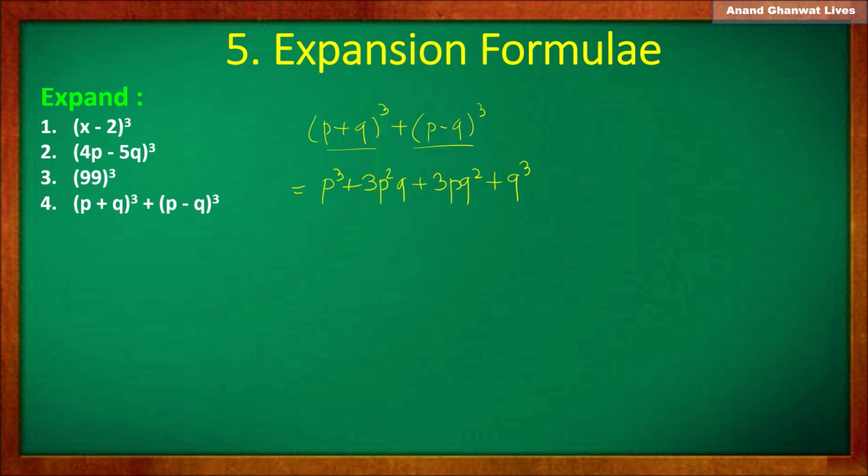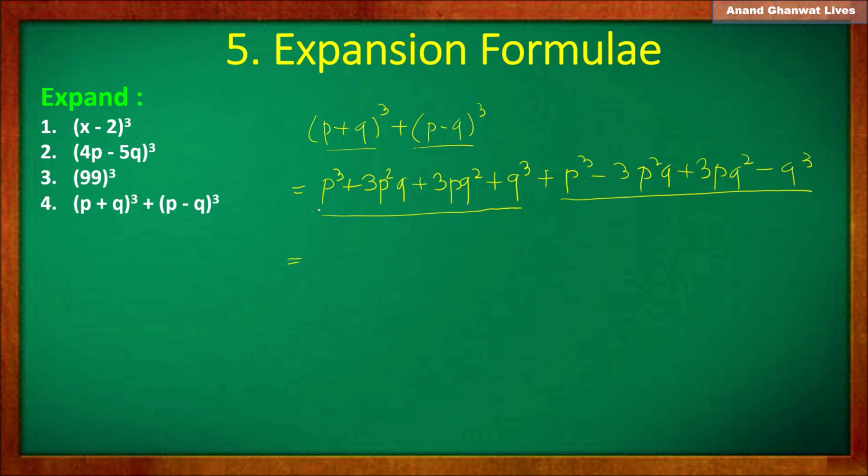Now expand the cube of p minus q: p cube minus 3p square q plus 3pq square and minus q cube. So in this way we have expanded the given two binomial terms.